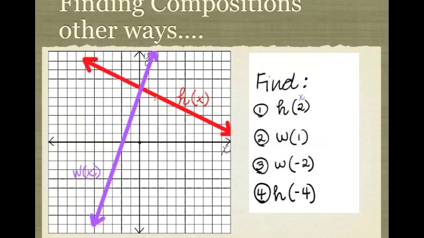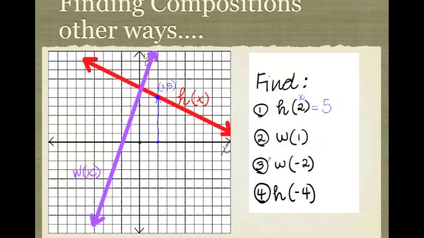So for h of 2 I'm going to come over to where 2 is on the x-axis and go to my h function. When I do that, I see that where x is 2, the function equals 1, 2, 3, 4, 5. So the function equals 5.